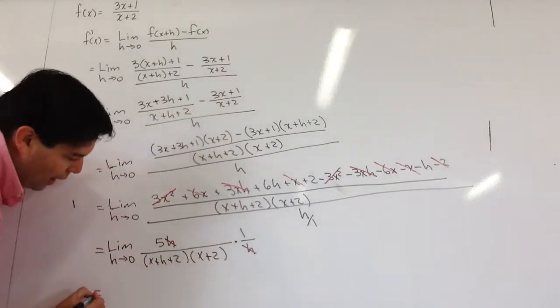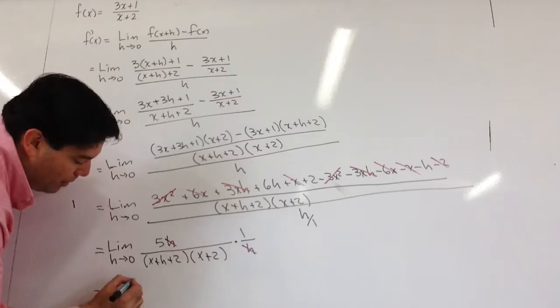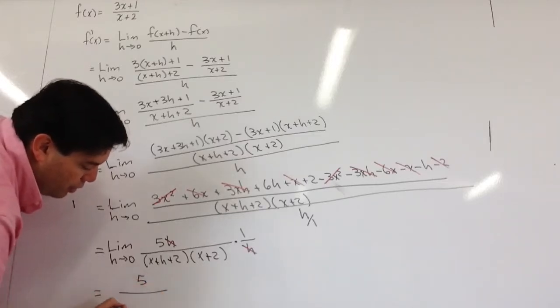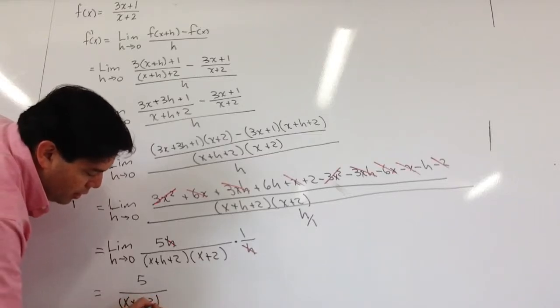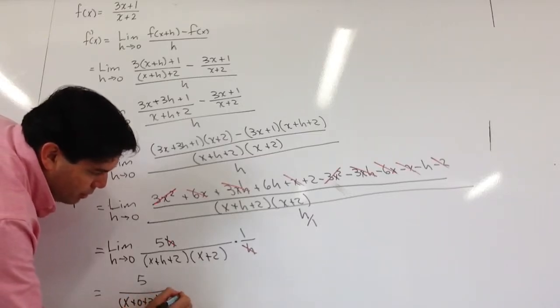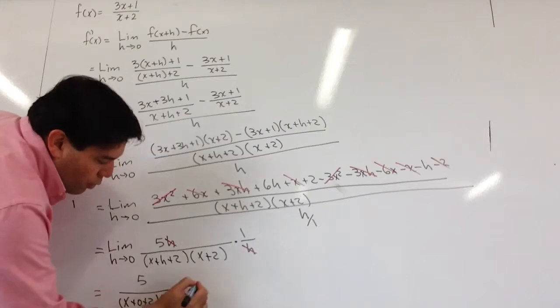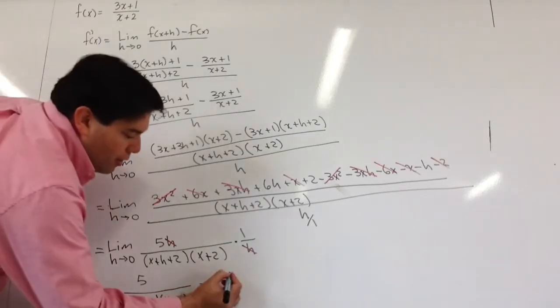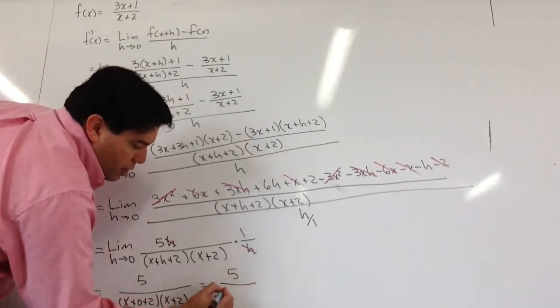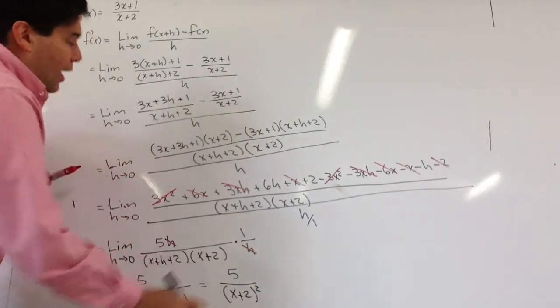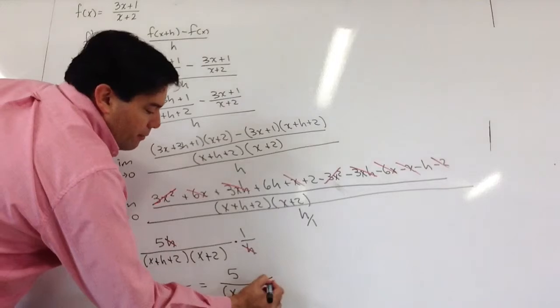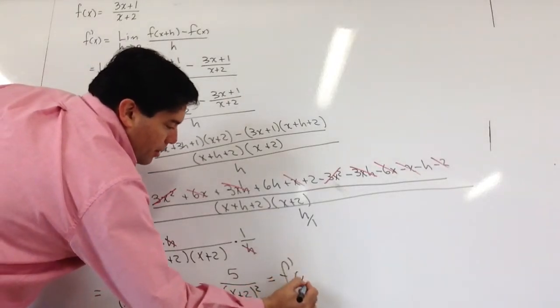So I'm going to do that, and that will be 5 over x plus 0 plus 2 times x plus 2, which can simplify to 5 over x plus 2 squared. And that's the derivative, f prime of x.